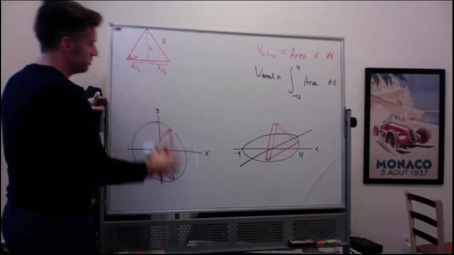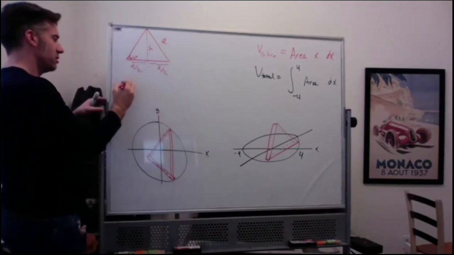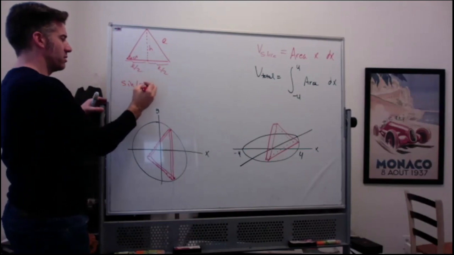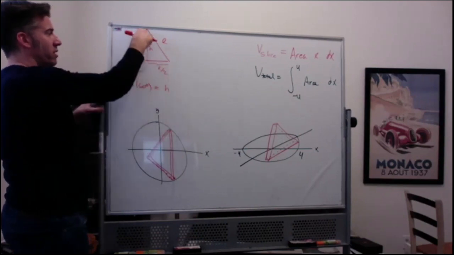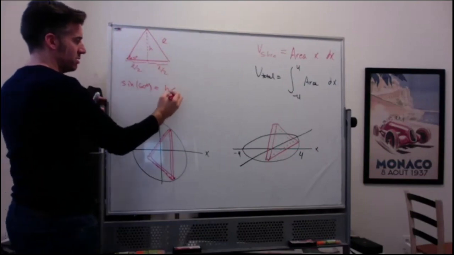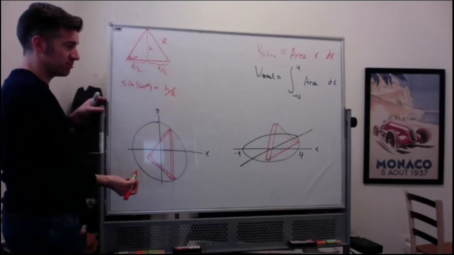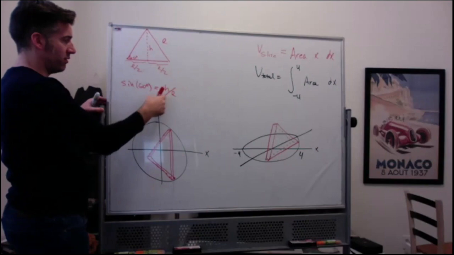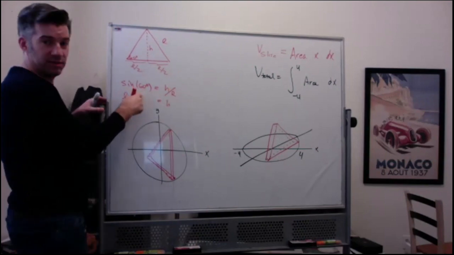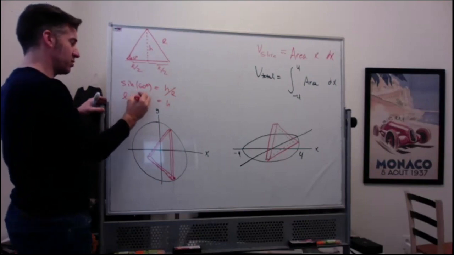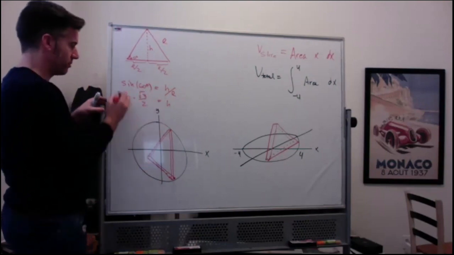It's even nicer. Sine of 60 degrees is the opposite, which is the height, over the hypotenuse, which is L. Solving for height, the height is equal to L times sine of 60 degrees, and sine of 60 degrees is the square root of 3 over 2.